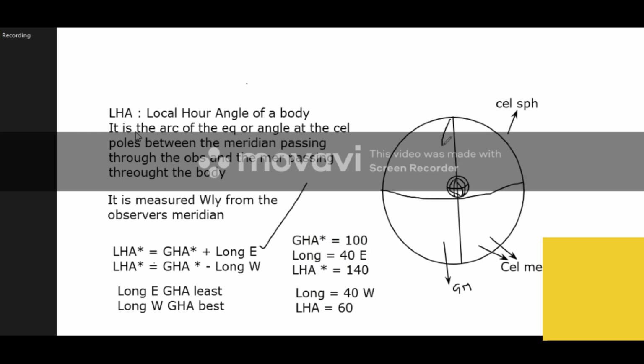So ये है Greenwich meridian. मैंने यहाँ से 100 डिग्री, तो सपोज यहाँ आ गया, ये हो गया मेरा स्टार, the GHA of 100 degrees. ऑब्जर्वर का लॉन्गिट्यूड है 40 डिग्री ईस्ट. ये हो गया ऑब्जर्वर.